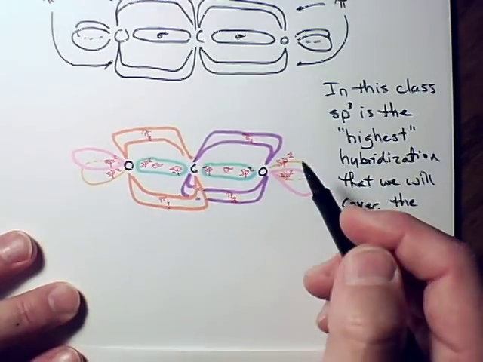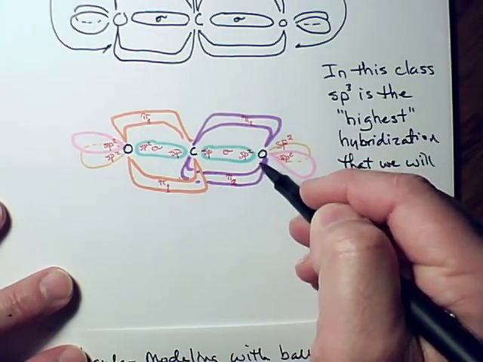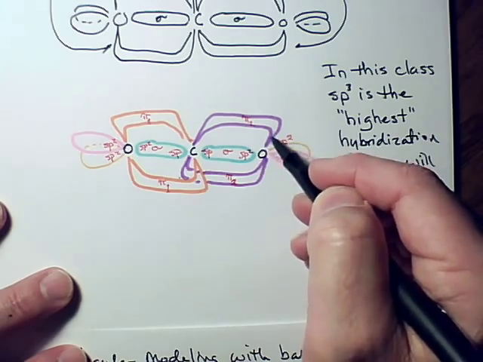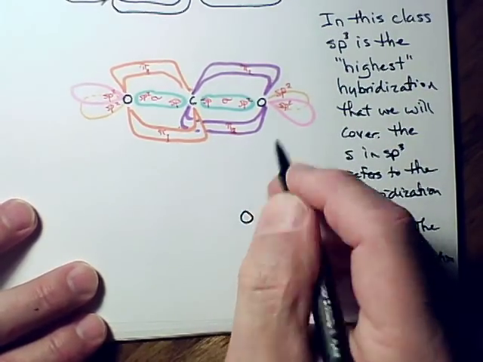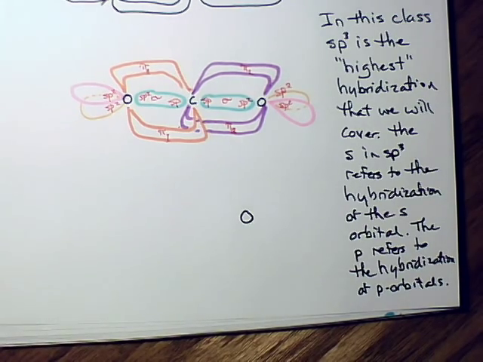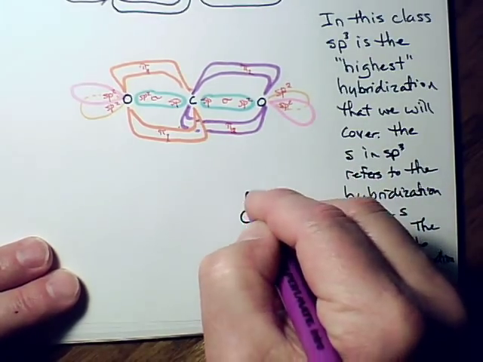And so in carbon dioxide, I had to leave this p orbital that forms this pi bond. So what I had before I do any bonding, I have a p orbital that is unhybridized.